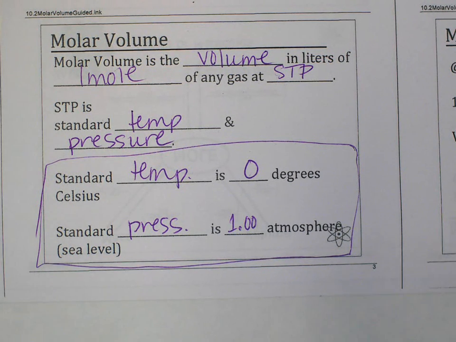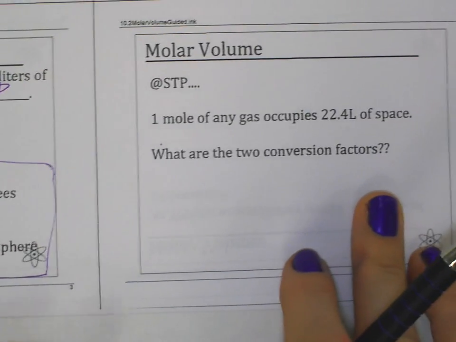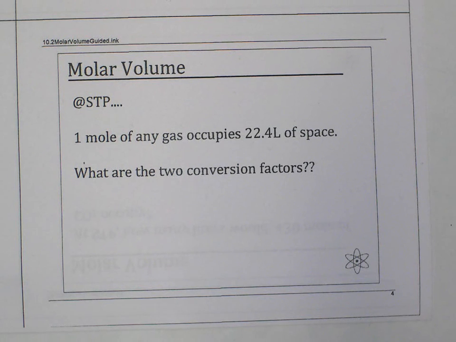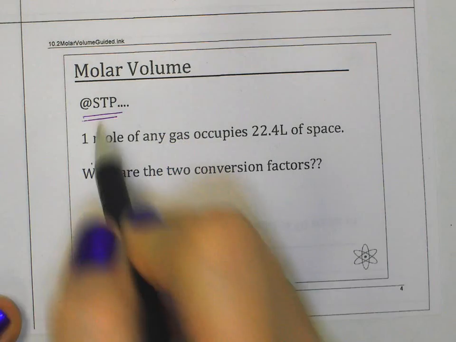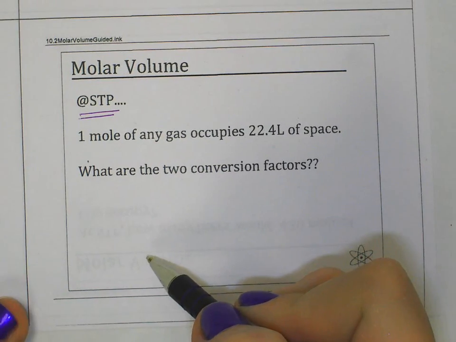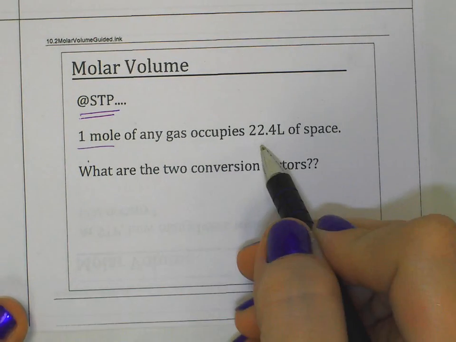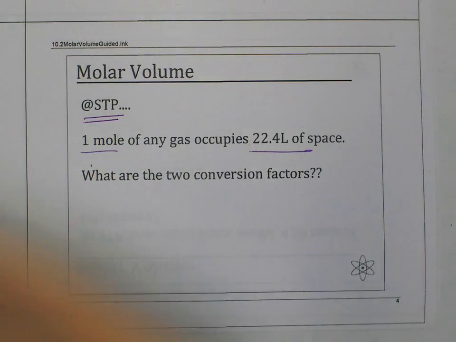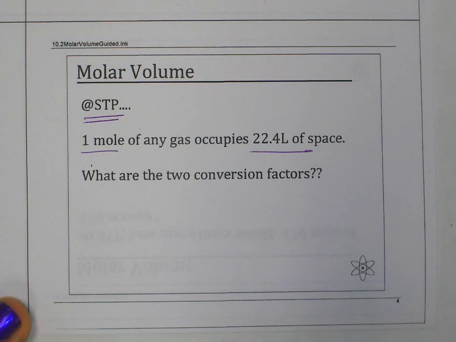So this volume for 1 mole of any gas at standard temperature and pressure is 22.4 liters of space. So again, as long as I know that it's at standard temperature and pressure, 1 mole of any gas occupies 22.4 liters of space. Well, so what are the two conversion factors? Well, that's easy.